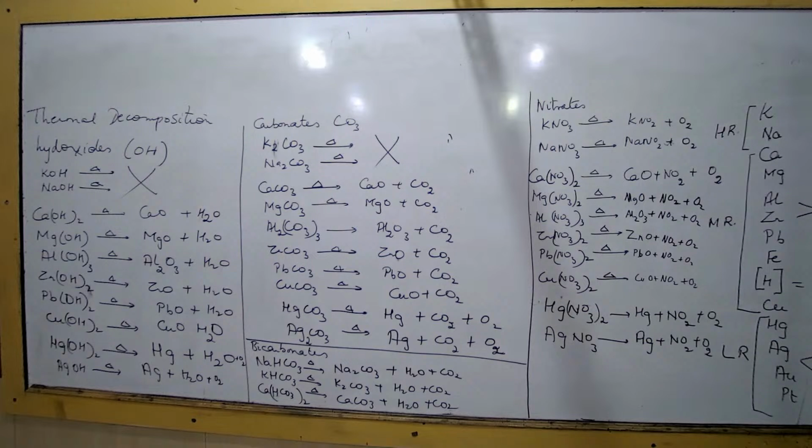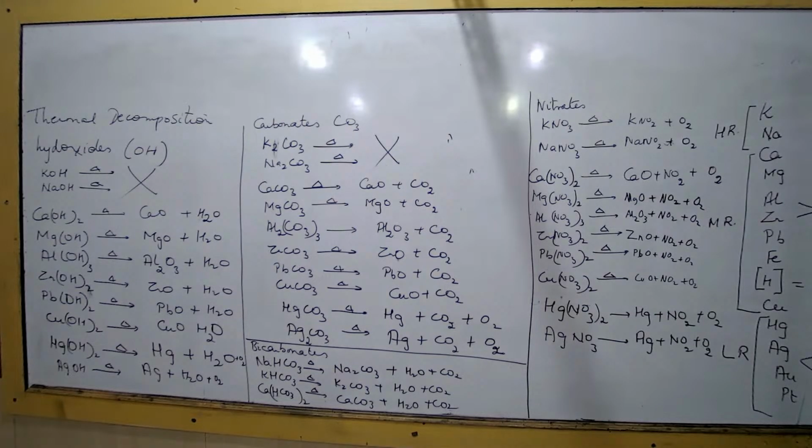PbO, when it is hot and when it is cold also, will remain yellow. So lead nitrate, which is white in color, on heating will give you yellow PbO, which will remain yellow whether hot or cold. And of course, brown fumes of NO2 and oxygen have escaped.